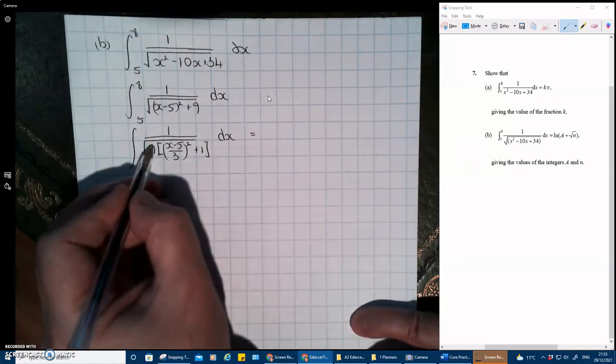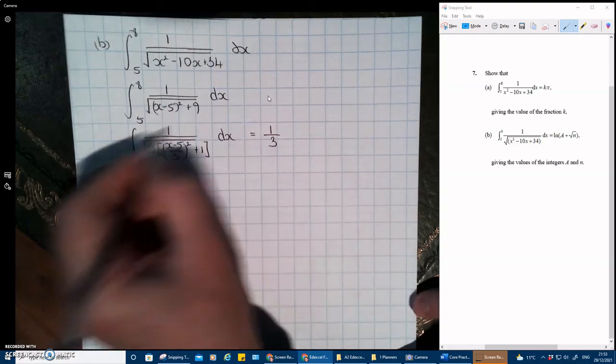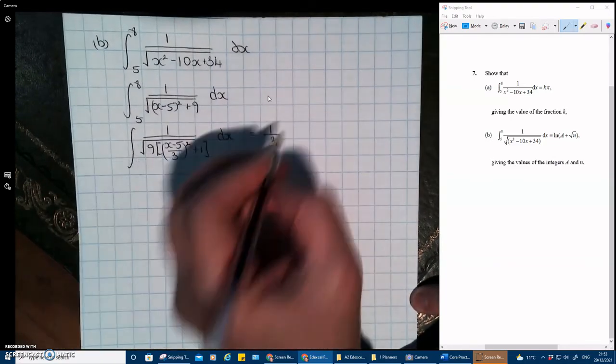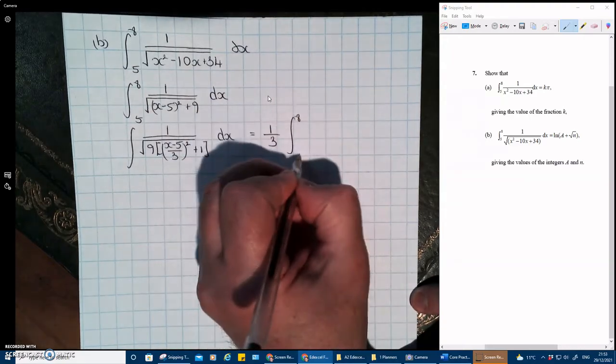And then because it's a root 9, it becomes a third when I bring it out. I probably could have missed this step out, but I'm taking a factor of 9 out, but it's a factor of root 9. And limits 8 and 5.